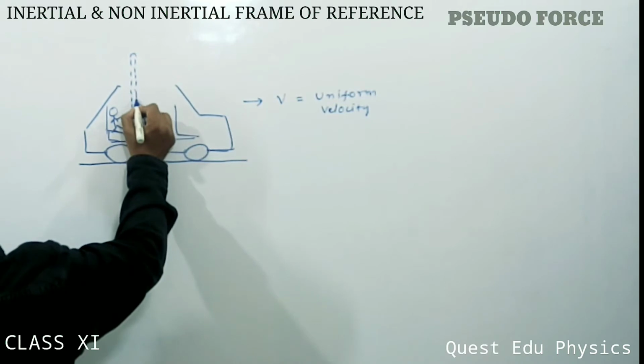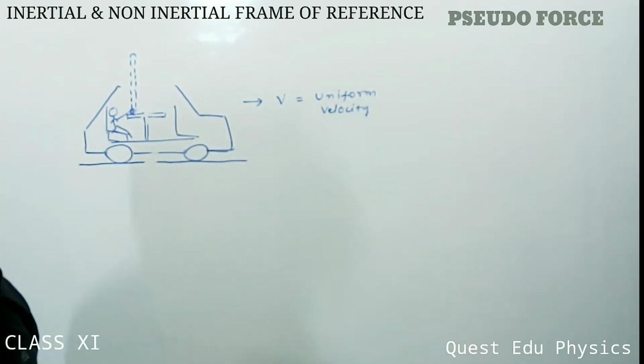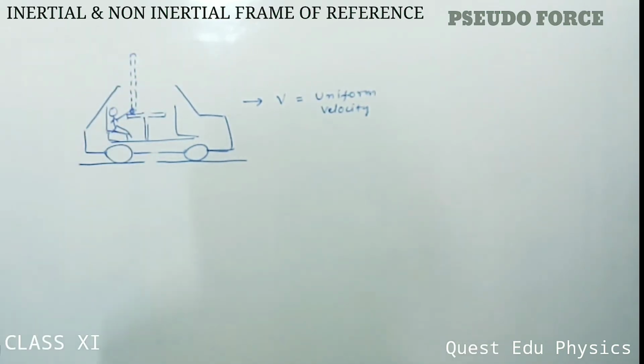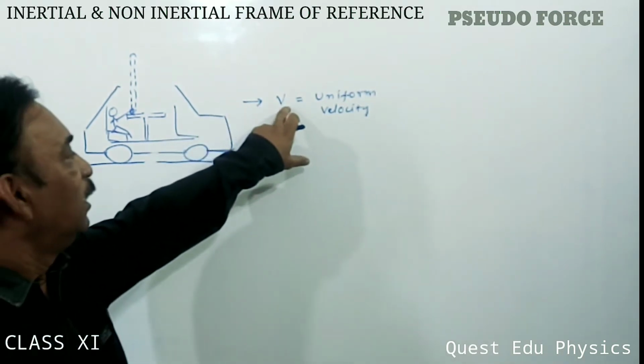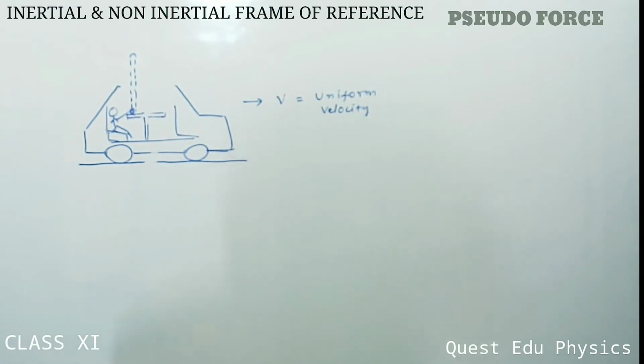It's a vertically projected body. It is coming back into the hands of that passenger who threw the ball. Understanding, students? He is throwing the ball up and it is coming back into his hands again, because it has a velocity which is said to be uniform velocity.